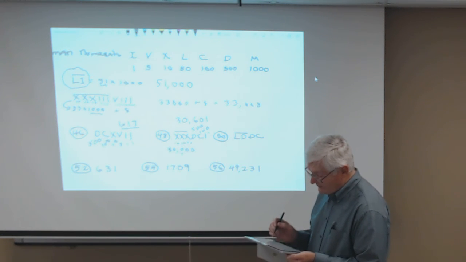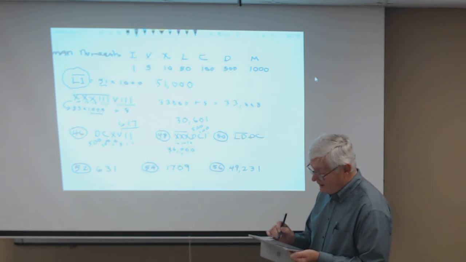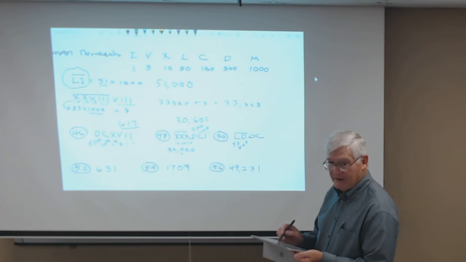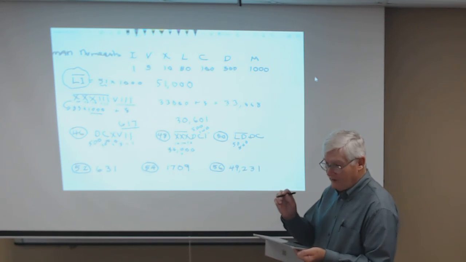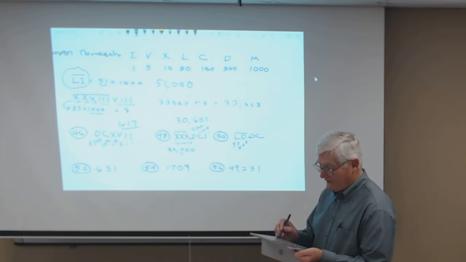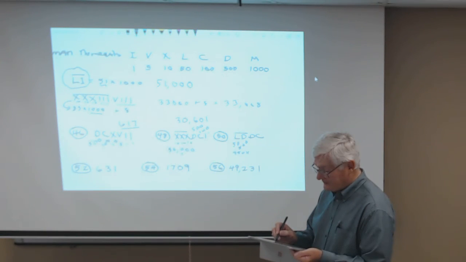Let's do number 50. L, what's L? What's D? So what do I have here when I have 50 in front of 500? You remember what happens in Roman numerals when you have the smaller one in front of the larger one? You don't. Well, it means you subtract 50 from 500. So this is really 450, and with the bar, times 1,000.